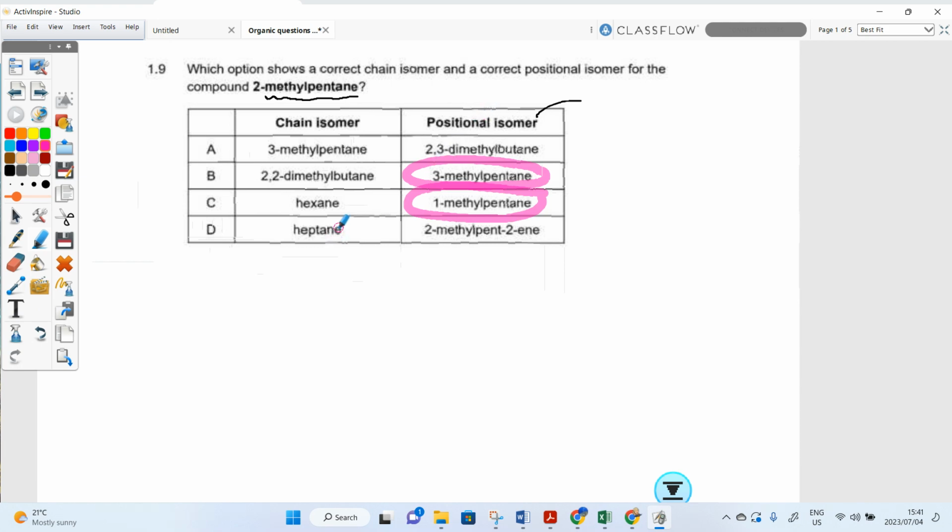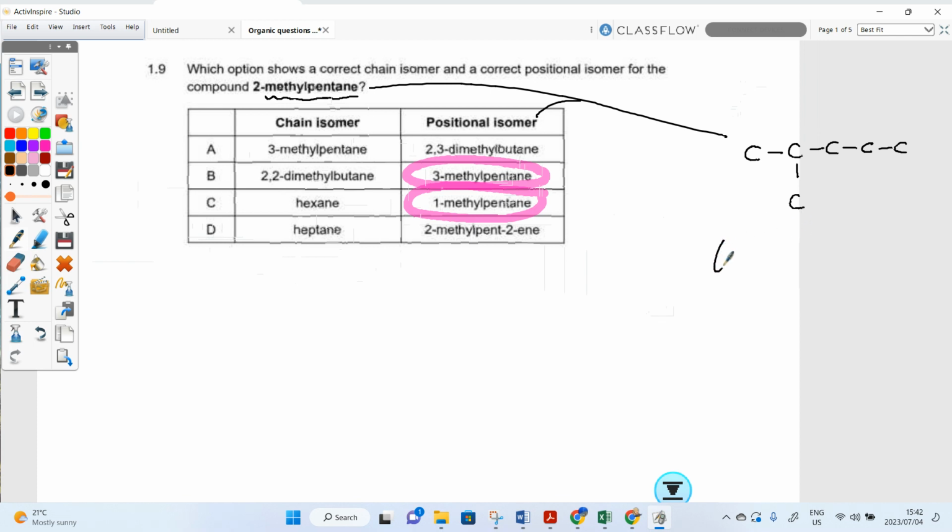Okay, let's see. Now they want to know a chain isomer. I always like drawing it to make sure I don't get the same molecule. So pentane is 1, 2, 3, 4, 5. And then on the second one, there's another carbon. So yes, there are 6 carbons.